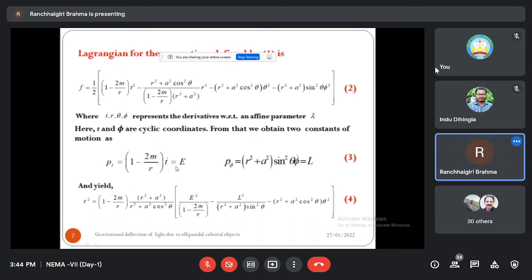After substituting equation 3 and rearranging, we obtain equation 4, that is, r dot squared is equal to this.